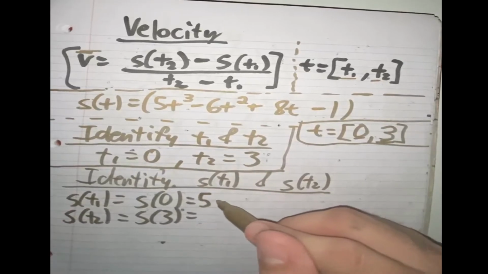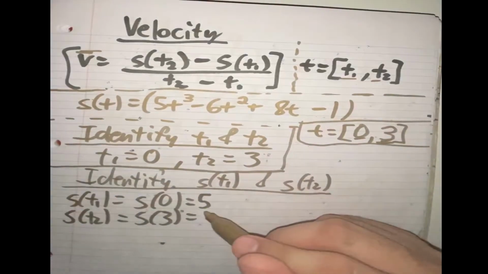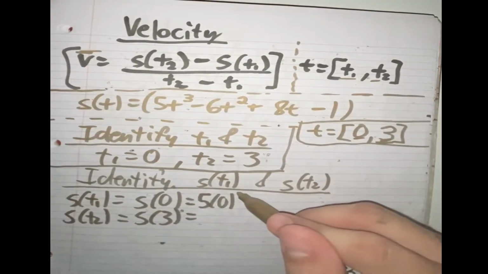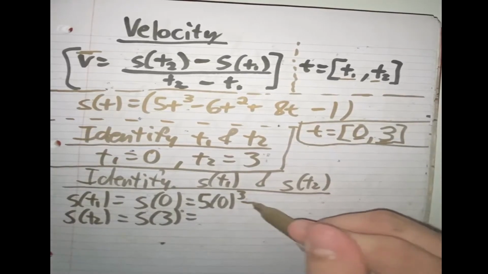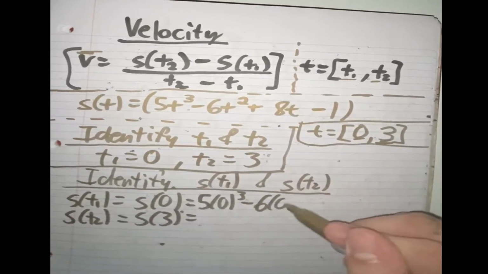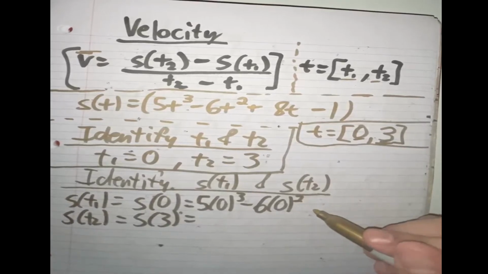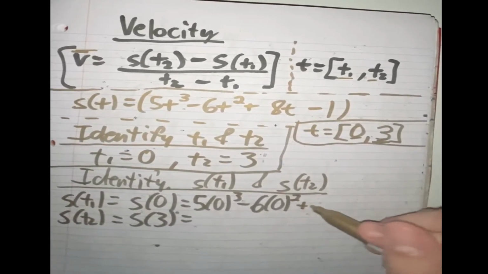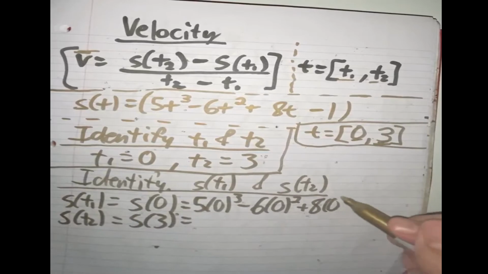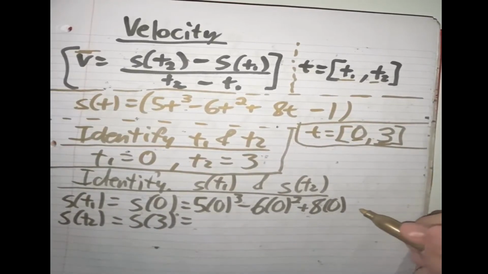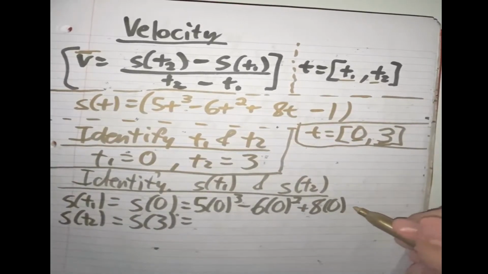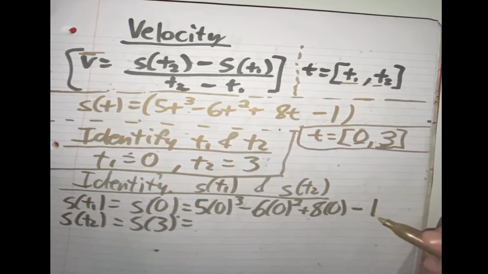So 5t to the third, so 0 to the third, minus 6 times 0 squared, plus 8t, so 8 times 0, minus 1.